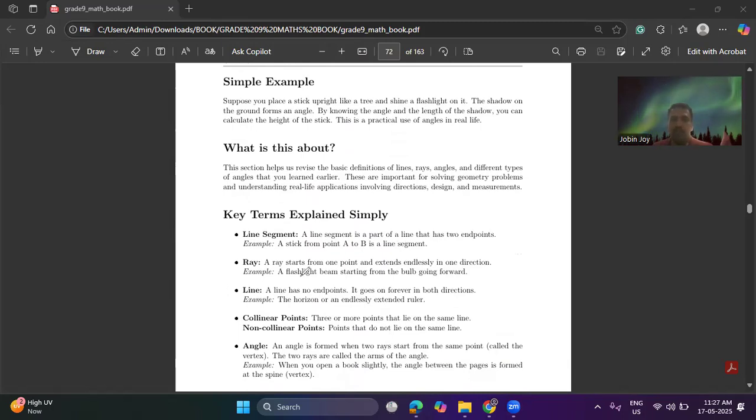We will start with some basic things. First one is a line segment. What is a line segment? For example, this is a line. A line means no endpoints. So if I'm considering a small portion of that line, that is what is called a line segment.